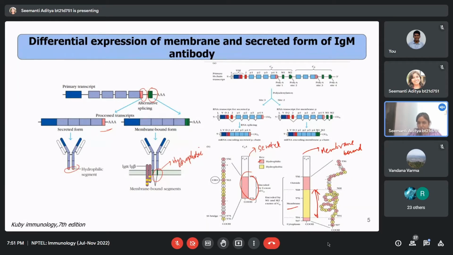After all of that, what is produced is the secreted form of antibody or the membrane bound form of the antibody, and that is going to have this kind of residues.